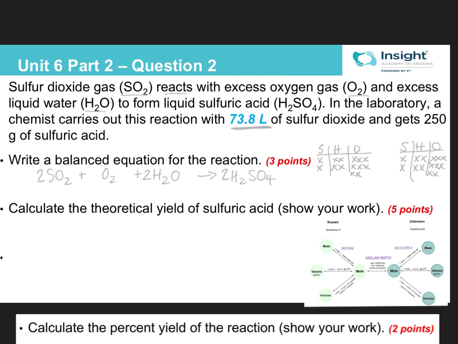What do I know? I know that you start out with 73.8 liters of sulfur dioxide gas. All right, so I'm starting out in volume. And then it tells me that I get 250 grams of sulfuric acid.